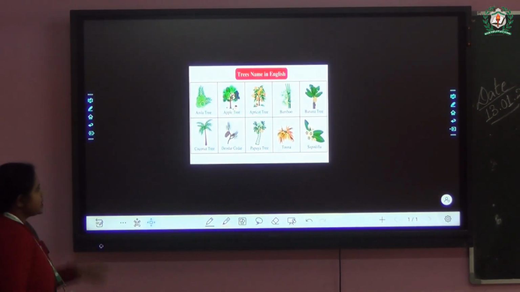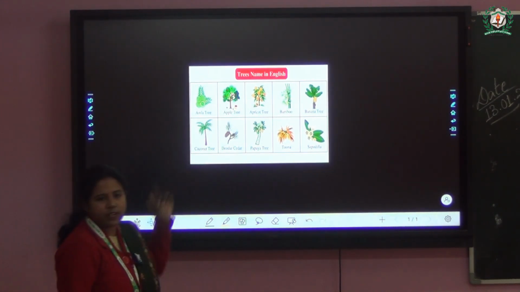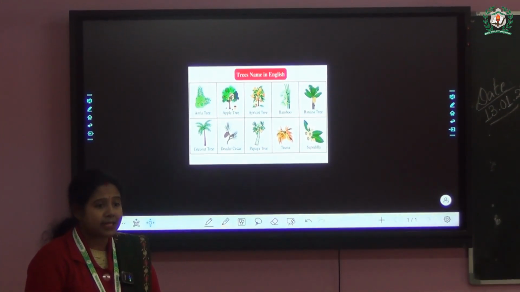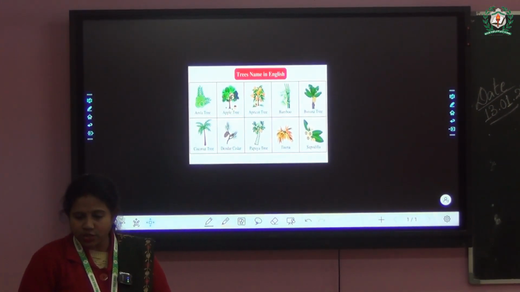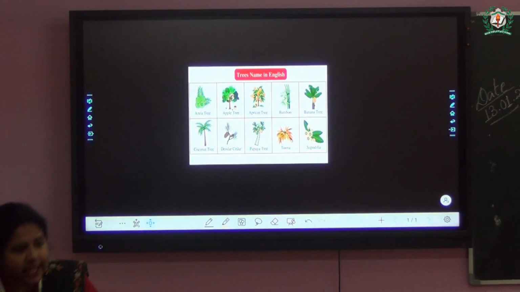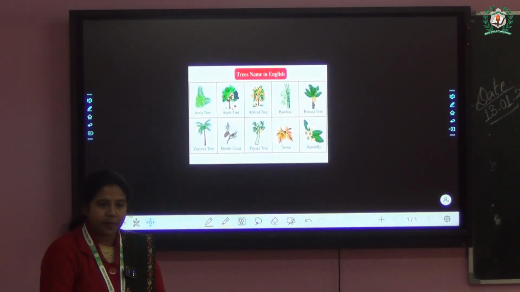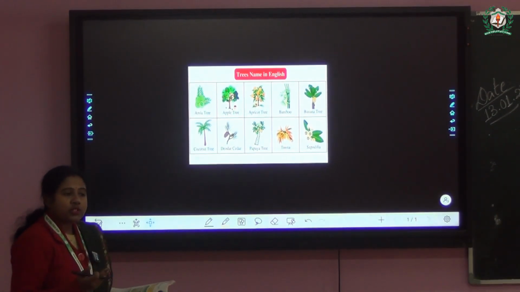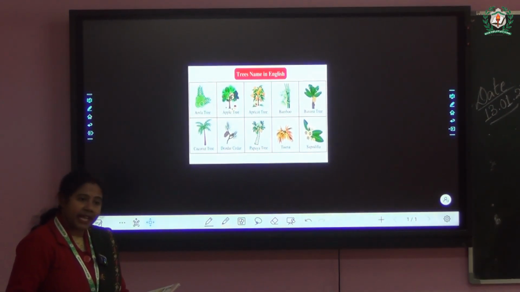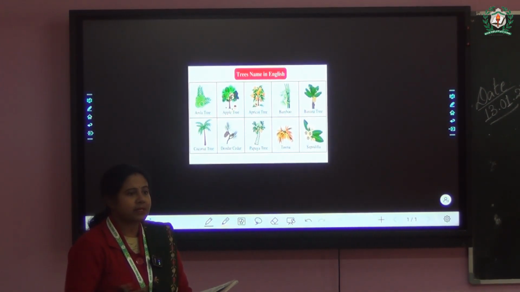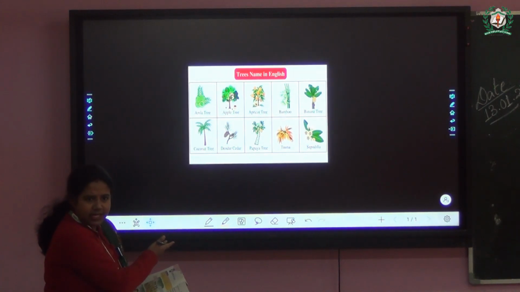See, children, these are a few examples of common trees. First we have to know what a tree is. For the trees, we first have to know the basic characteristics. Whatever is green in the world is mainly plants, isn't it?